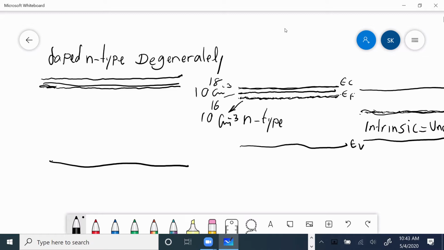The same argument applies when the Fermi level is close to the valence band. How close to the valence band determines how heavily P-type the material is, and the Fermi level can actually go beyond the valence band, which is again degenerately P-type doped.